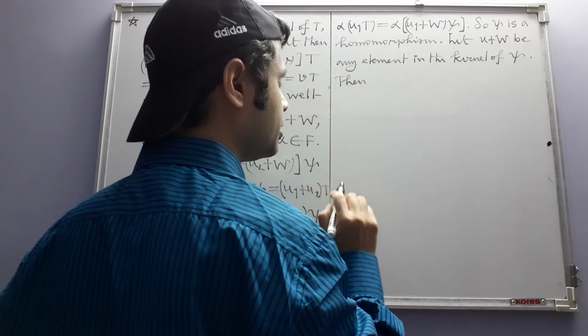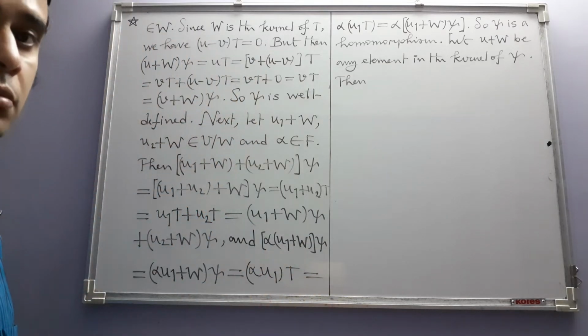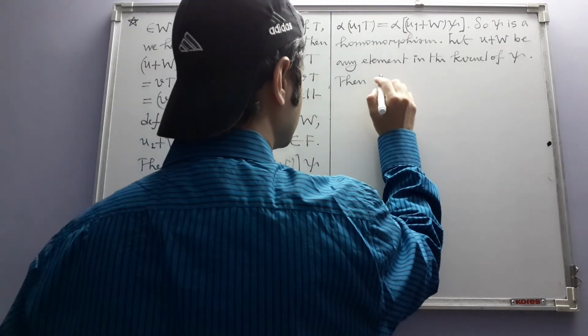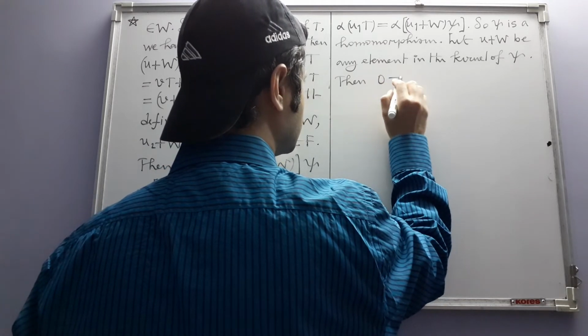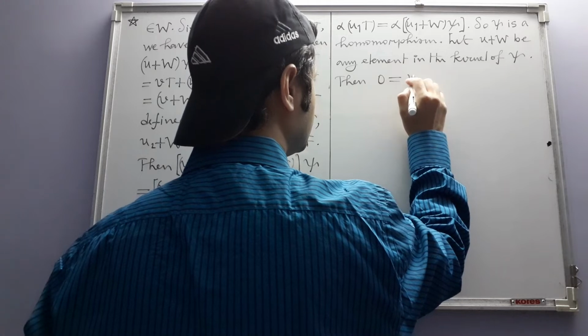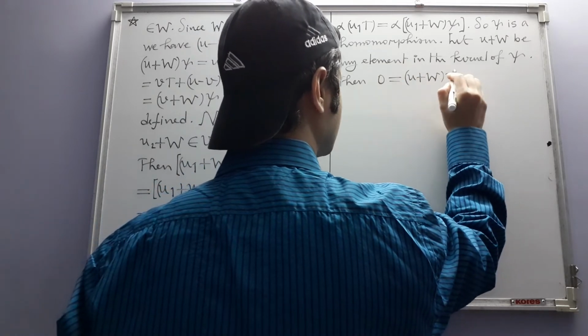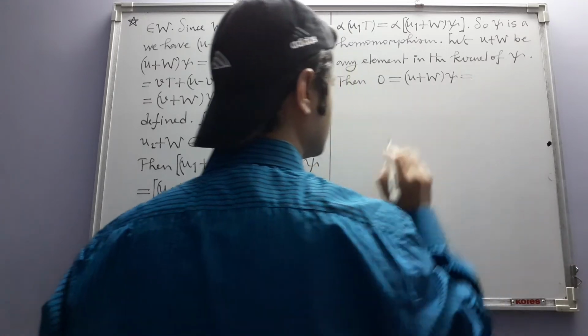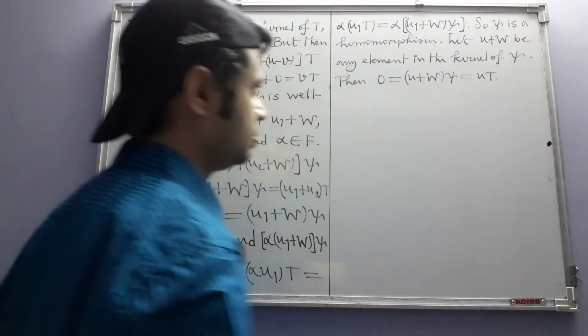Then the psi image of u plus W will be the zero element in V. So in V the zero element is just 0, and that is equal to uT.